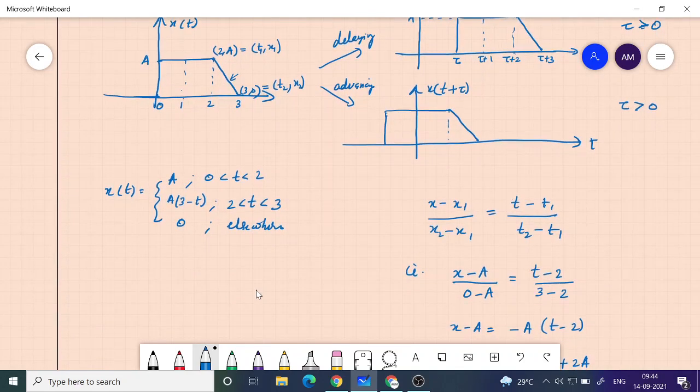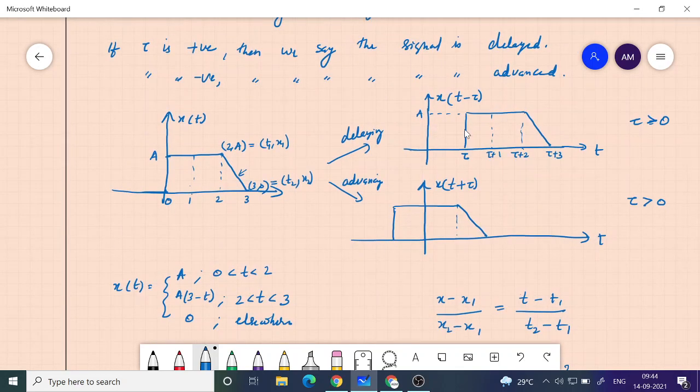Now the question is, what is the expression for the delayed function? A similar approach we can take. Graphically you take the delay: if it is by tau units, you delay it by tau units.